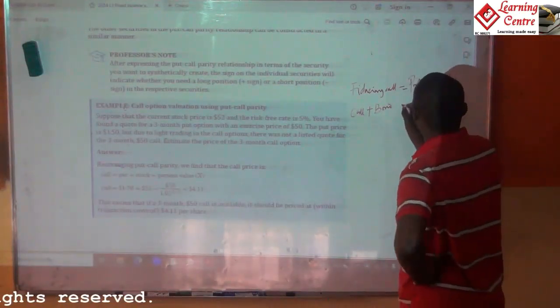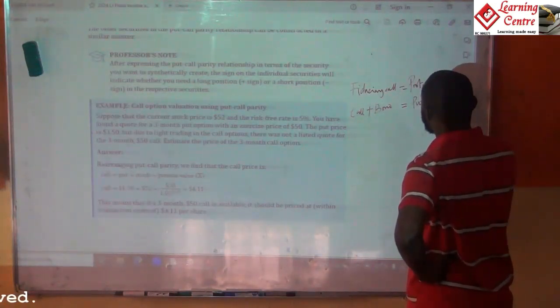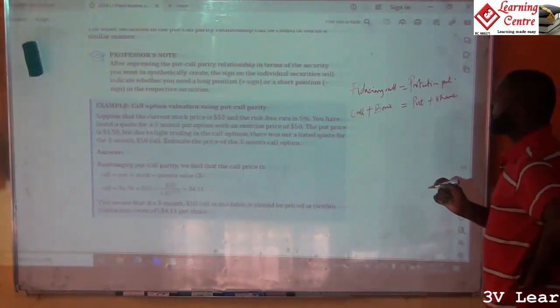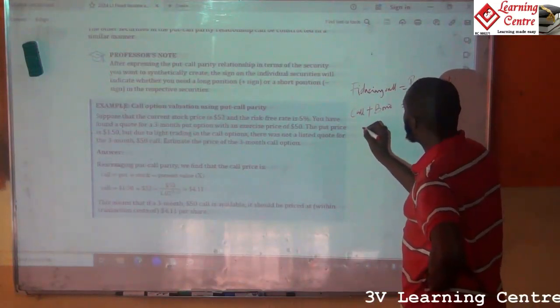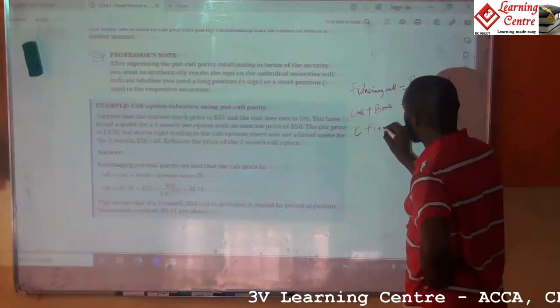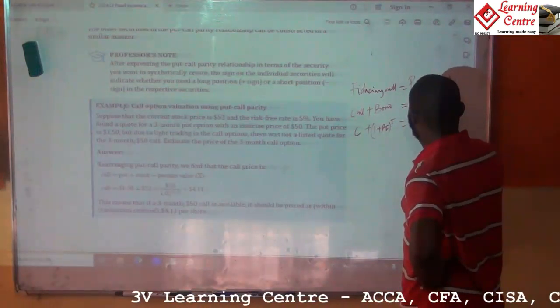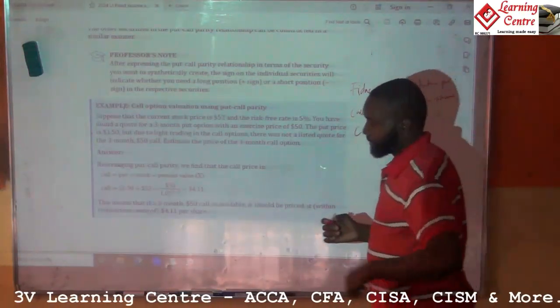And a protective put is a put plus the shares. So the formula is: the call C, plus the bond, X over (1 plus RF) to the power T, equals the put plus the share price.